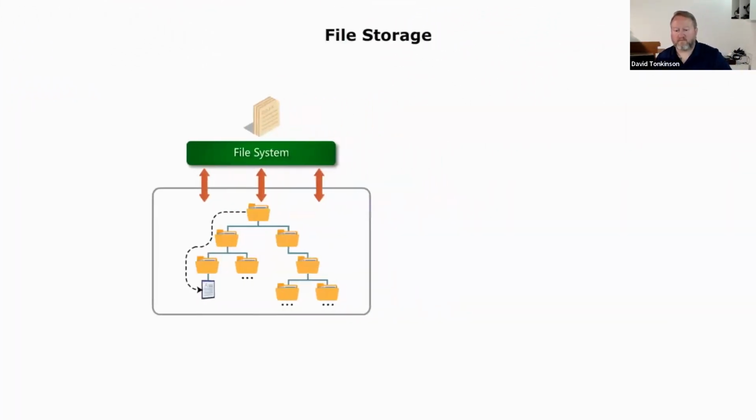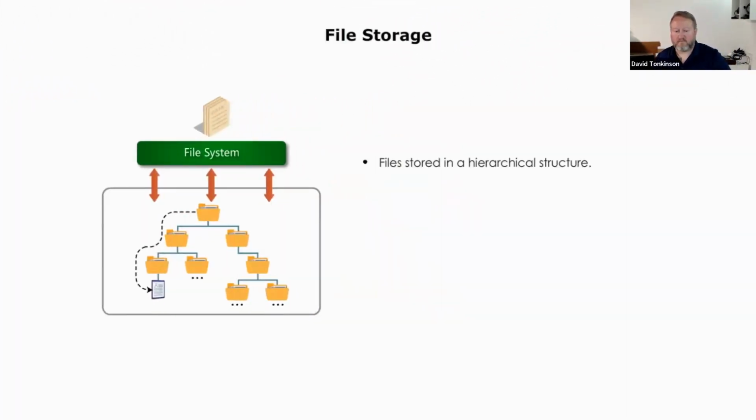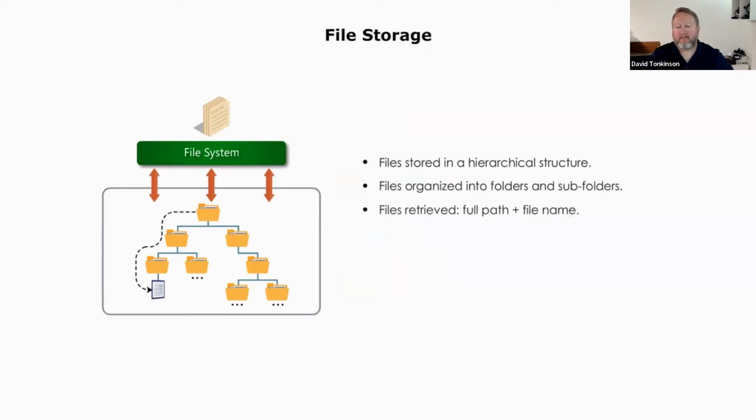File storage. File storage or file level storage stores data in a hierarchical structure. The files are organized into folders and subfolders, or you can say directories and subdirectories. To retrieve a file, we need the full path of the file and the file name.